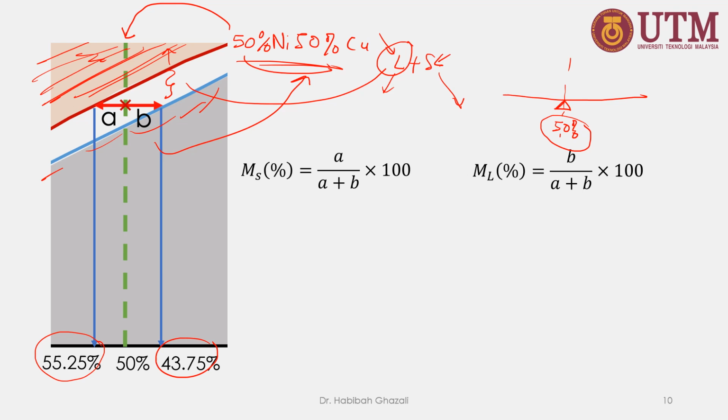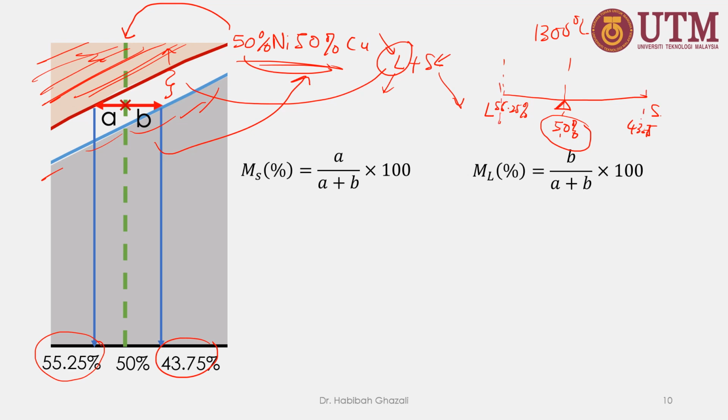And we know that at this point, at 1300 degrees Celsius, we have liquid and solid. The composition of liquid is 55.25% copper, and the composition of our solid is 43.75% copper. So this is how our balance will look.